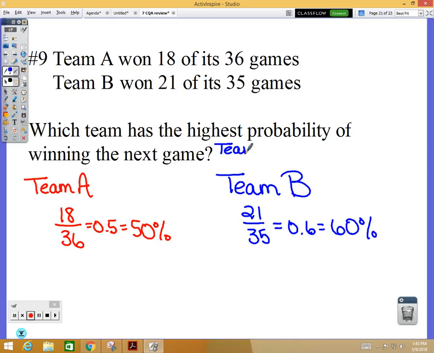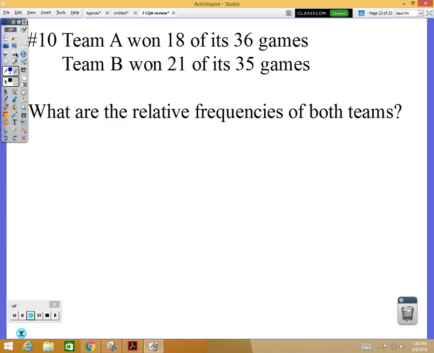Now, what's nice about doing all this work is because when we get to question 10, it's wanting to know what are the relative frequencies of both teams. You've already done it. You don't have to do it again. Okay? So again, question 10 wants to know the relative frequencies of both teams. Once again, that's just probability. And it doesn't say specifically if it wants it as a fraction, a decimal, or percent.